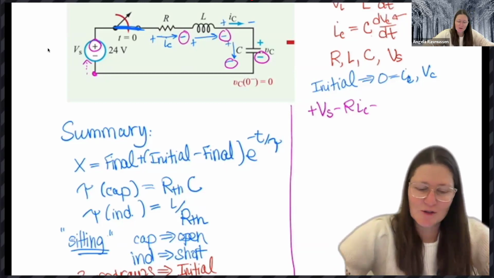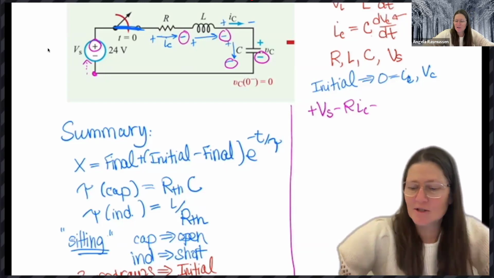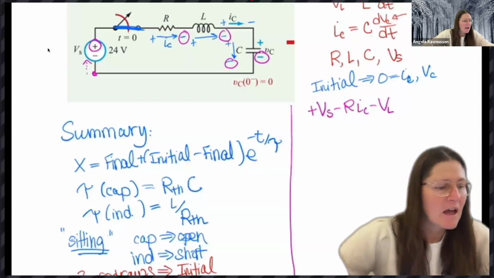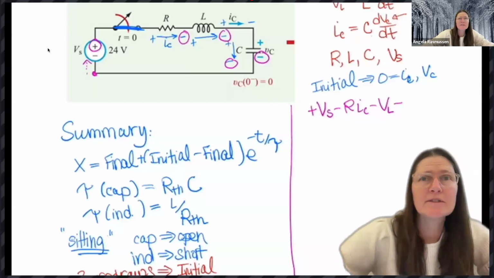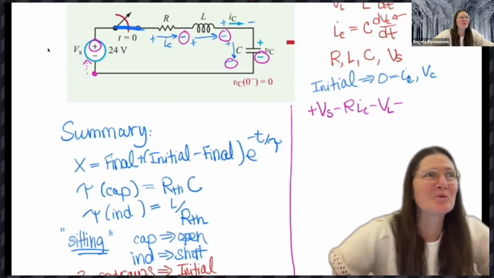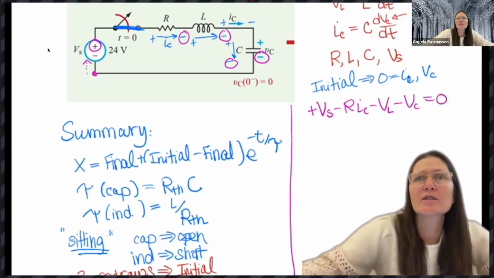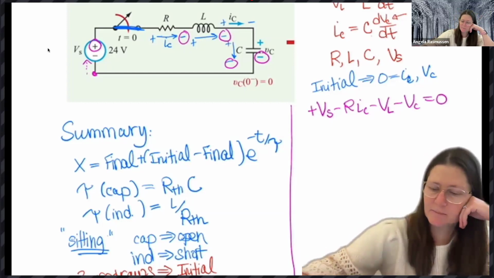You can't do IC times L, so you're going to have to write the equation for VL. We know what VL is. And again, same thing with VC. We can't say I times C, so we just say VC. So for the elements that are time dependent, we just put in VL or VC when we do those loops.